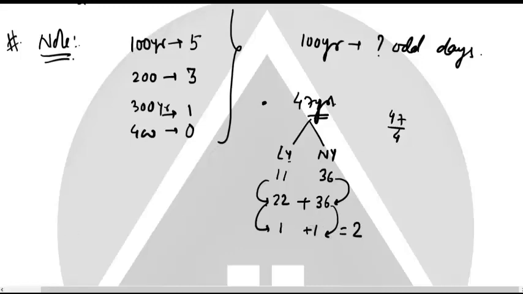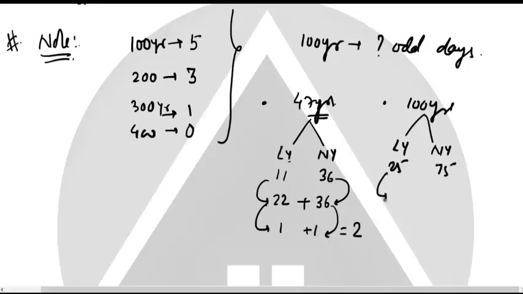So in like manner, if you do it for 100 years, then you will get 25 leap years, right? So you get 100 by 4, that is 25 leap years, and you get 75 normal years.